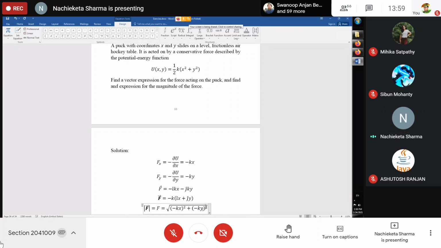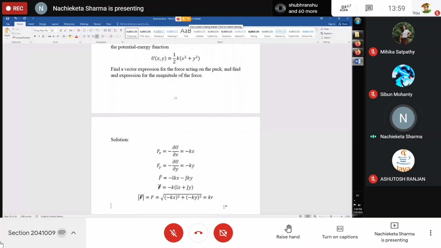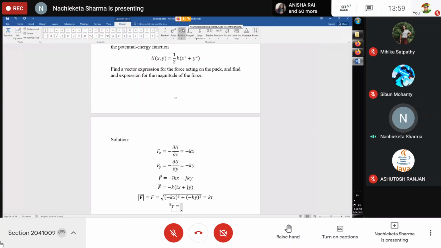So the magnitude of the force becomes the square root of k square x square plus k square y square. K square will be taken outside, and x square plus y square is r square, so you will get kr, where r is equal to the square root of x square plus y square, the position coordinate.